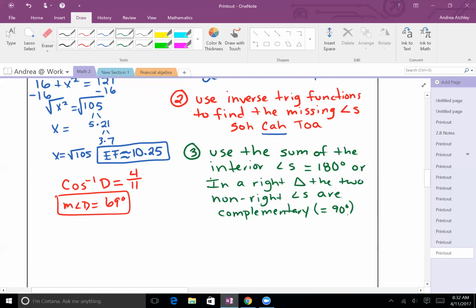Because if you have a right angle in the triangle, that's 90 degrees right off the bat. 180 minus 90 would be 90, so the other 2 angles have to add to 90. They are complementary. That's what complementary means.